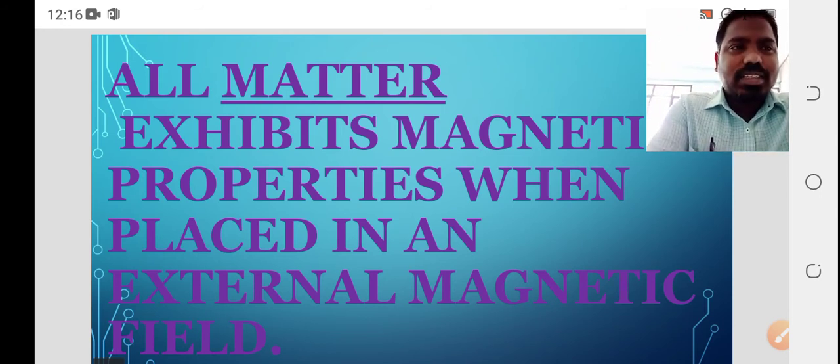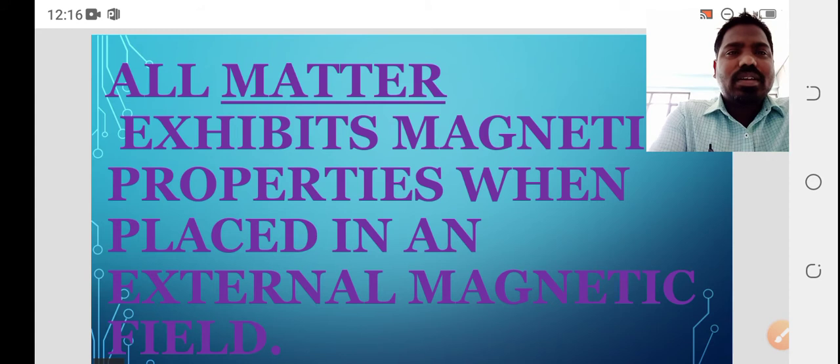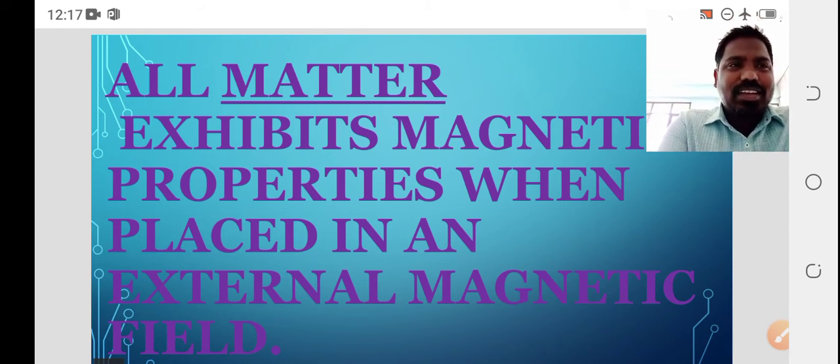Only under some specific conditions does all matter exhibit magnetic properties when placed in an external magnet. Then we cannot say a human body behaves like a magnet. Based on the specific condition, the matter exhibits it. All matter exhibits magnetic properties when placed in an external magnetic field.